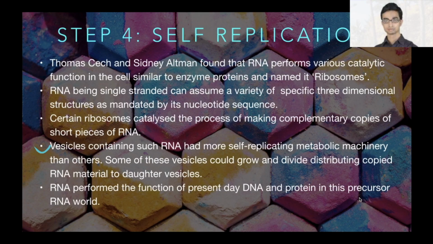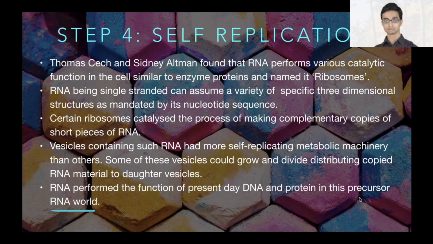Vesicles containing such RNA had more self-replicating metabolic machinery than others. Some of these vesicles could grow and divide, distributing copied RNA materials to daughter vesicles. RNA performed the function of present-day DNA and protein in this precursor RNA world.